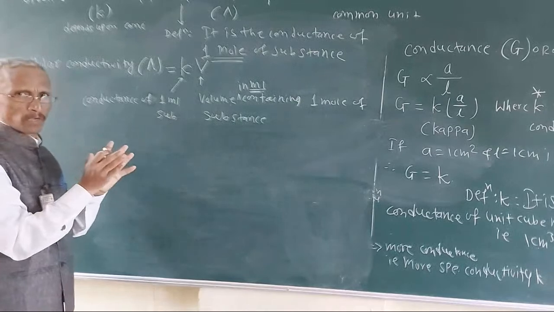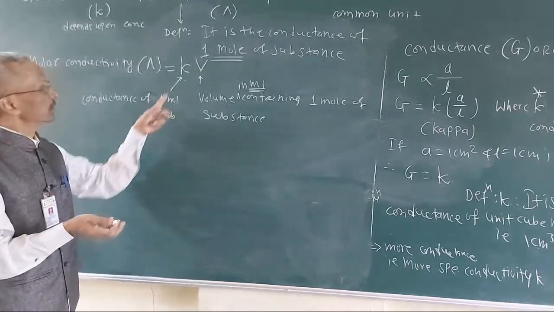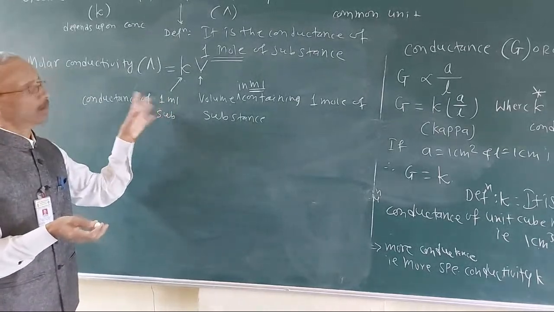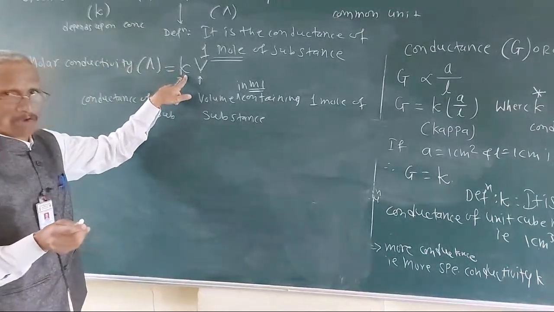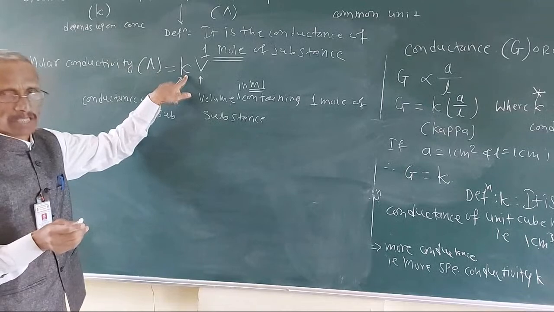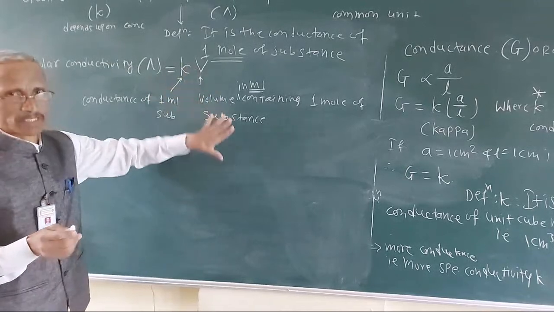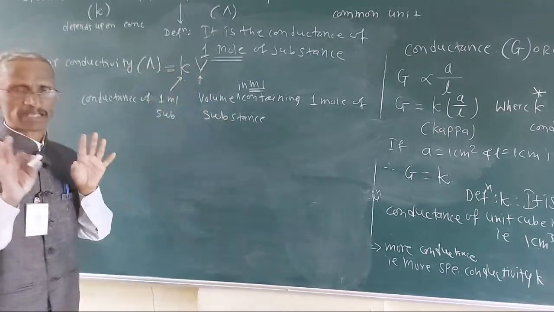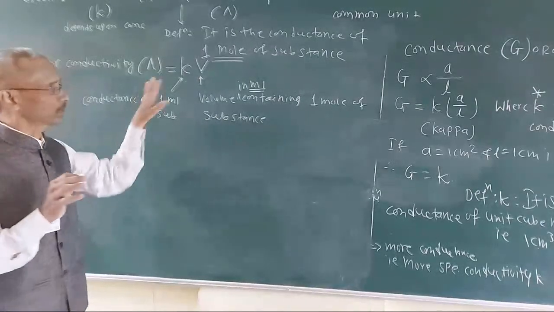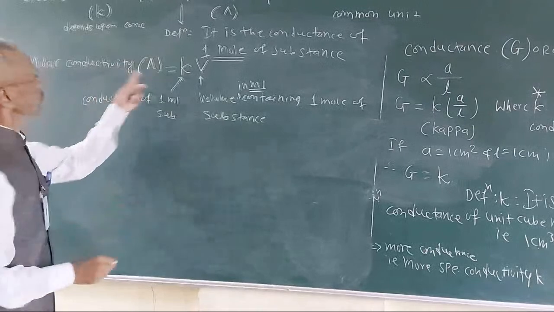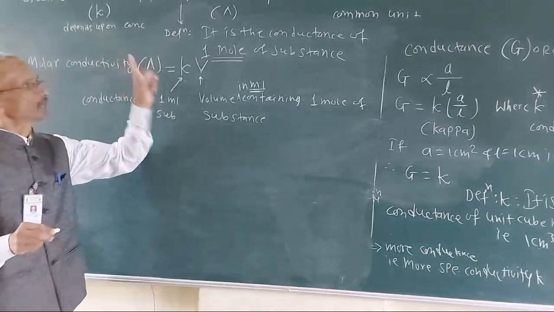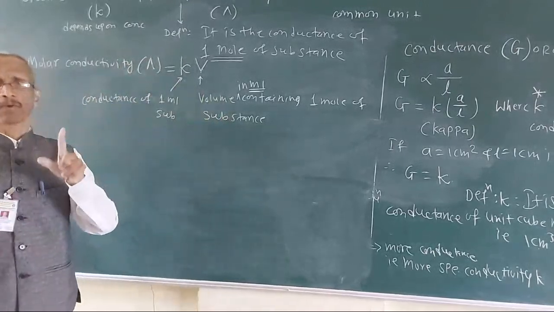Now if the volume value is high, the K is small for the 1 mole, and if the K is high or the concentration is high, K will be high and the volume value becomes less. The product is expected to be very constant. So molar conductivity is nothing but the conductance of 1 mole of the substance.